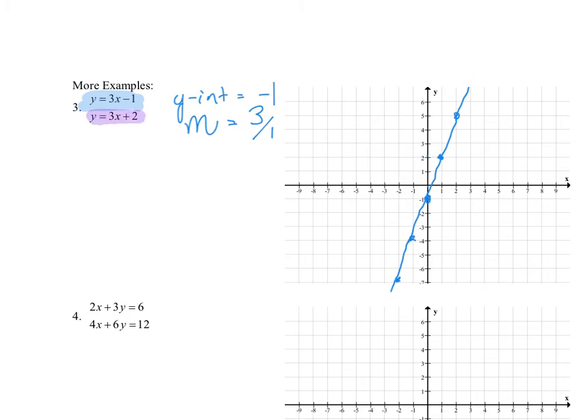Okay, now we're going to do our second equation. This has a y-intercept of 2 and a slope of 3 also. So, mark our y-intercept of 2 and then a slope of 3.